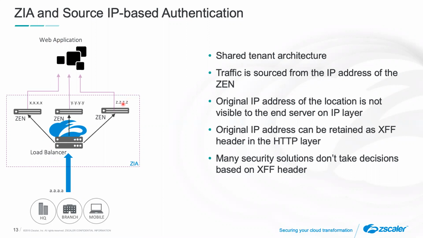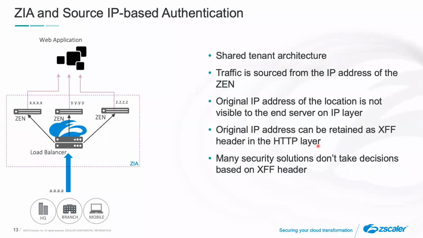Now, the original IP address is not visible to the end server on the IP layer. That should be obvious. But the original IP address is visible as an XFF header in the HTTP layer.